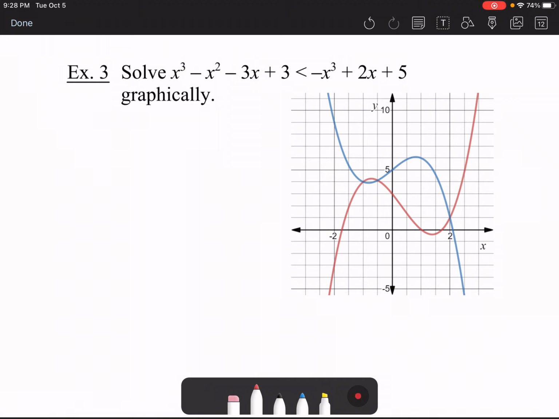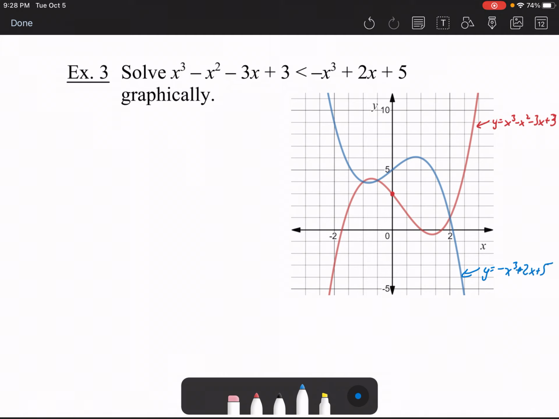Well, first of all, the function x cubed minus x squared minus 3x plus 3 must be given by this function right here, because the leading coefficient is positive, and therefore, also the y-intercept is 3. Therefore, this must be y equals -x cubed plus 2x plus 5.